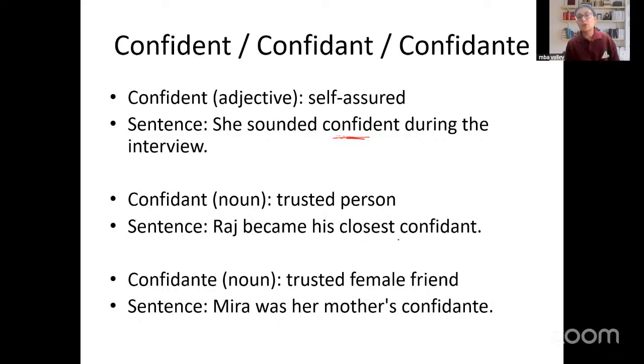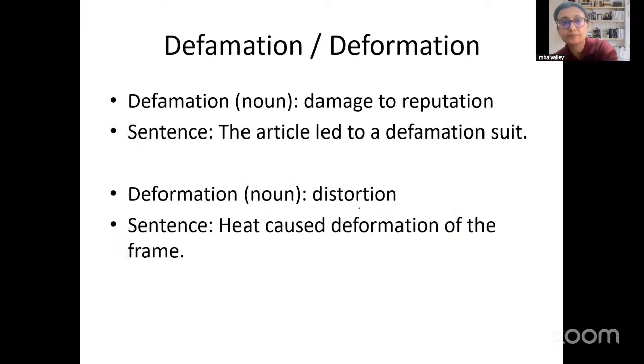Raj became his closest confidant, a trusted person. Confidante is a trusted female friend. So Meera was her mother's confidante. That's the only difference. Confidant is any person whom you trust. It may be a male, it may be a female, it may be a dog, right? But if it is a female friend, then the word to go with is confidante, right?